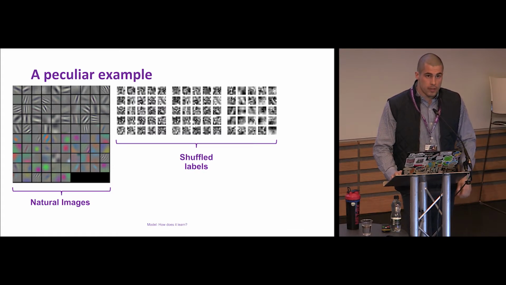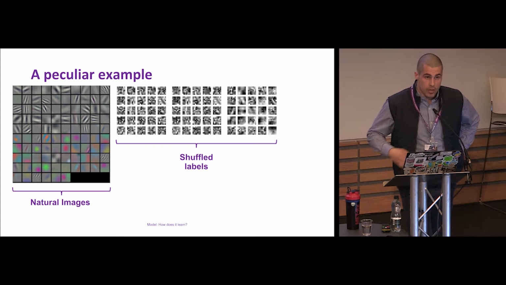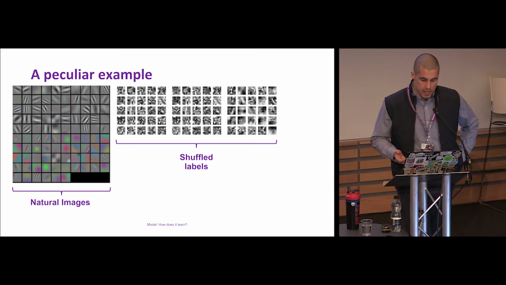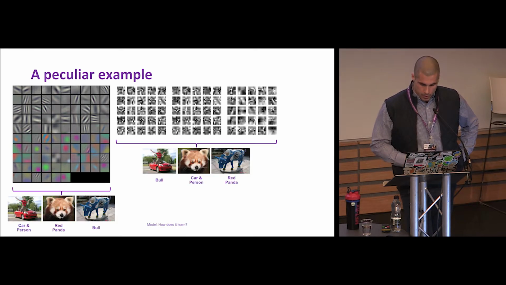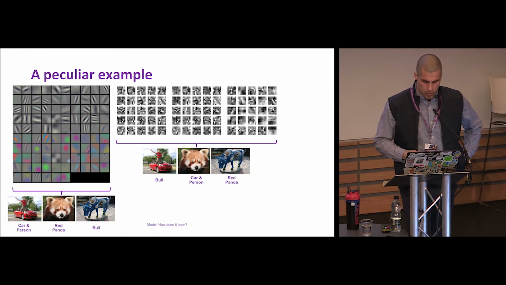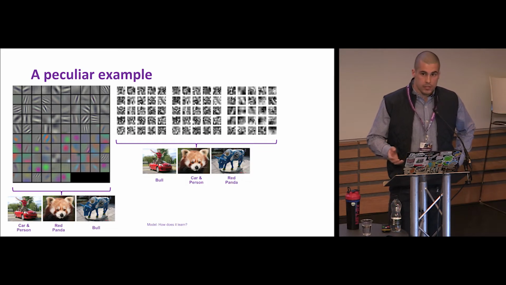When we shuffle the labels, the categories of these images, and we try to learn essentially on the noisy data, on the data that doesn't make any sense, these filters become noise also and don't really make sense for us. So again, we have, for example, an image of a car and a person, a red panda and a bull. But then on the right, we completely shuffle these labels and we're trying to learn a model on this data set. And the features or the filters suddenly do not make any sense at all.